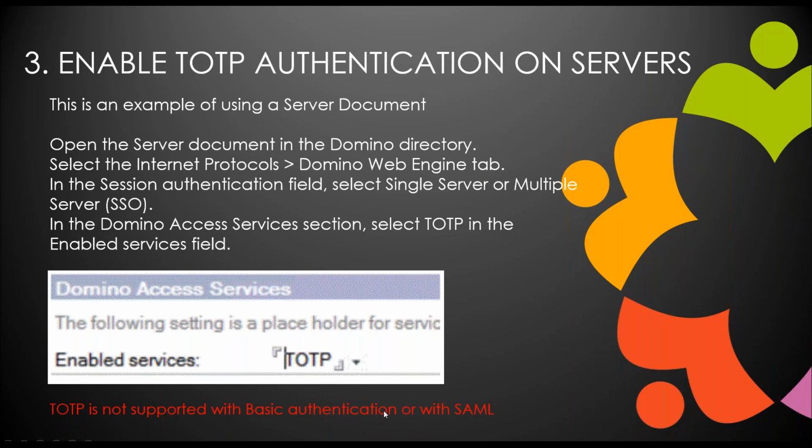So if you have SAML or basic authentication, you cannot use TOTP. That's why you have to select single server or multiple server. And there's a section, Domino Access Service. You select Enable Service TOTP. This is if you use a server document. It's similar if you use the website or the virtual server document.